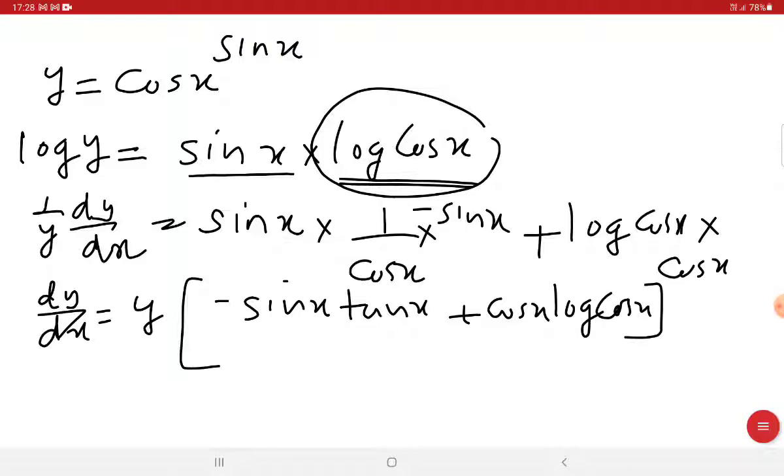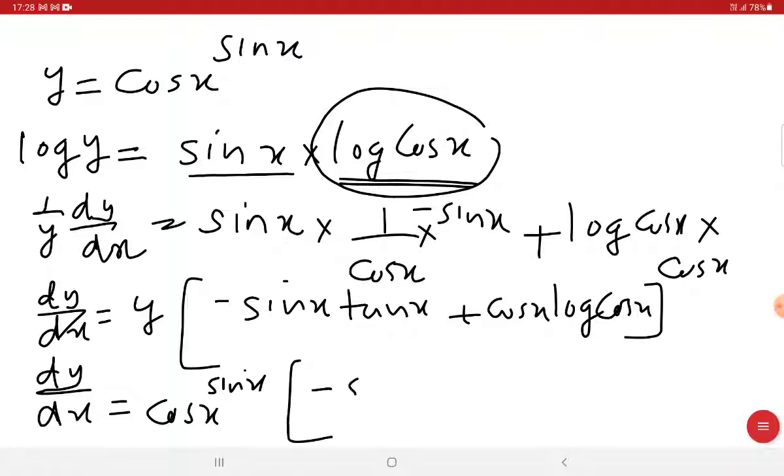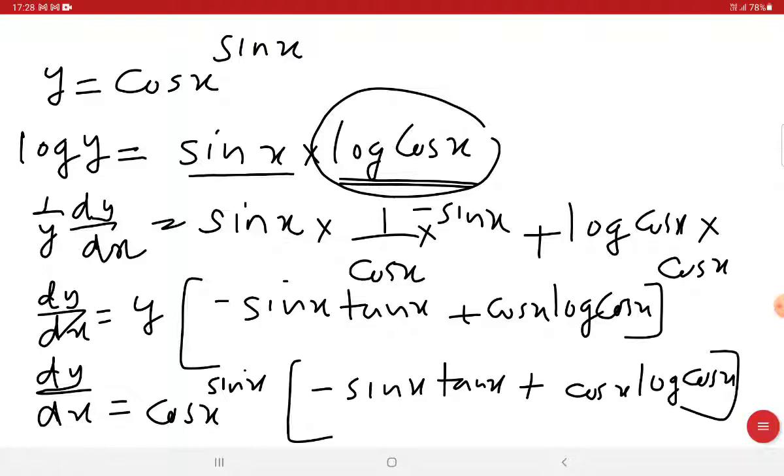Now replace y. So dy by dx is equal to cos x raised to sin x into minus sin x tan x plus cos x log cos x.